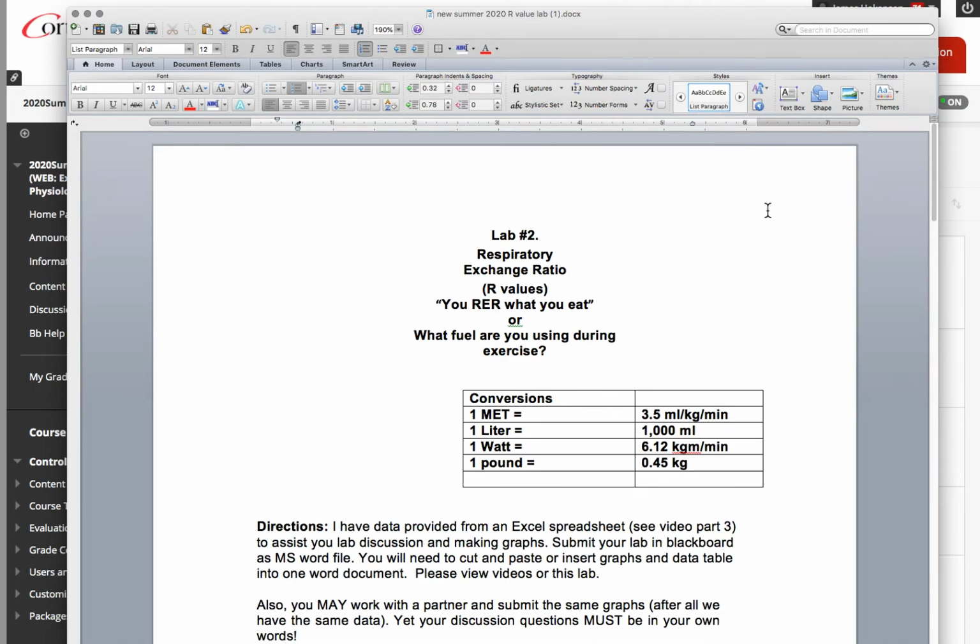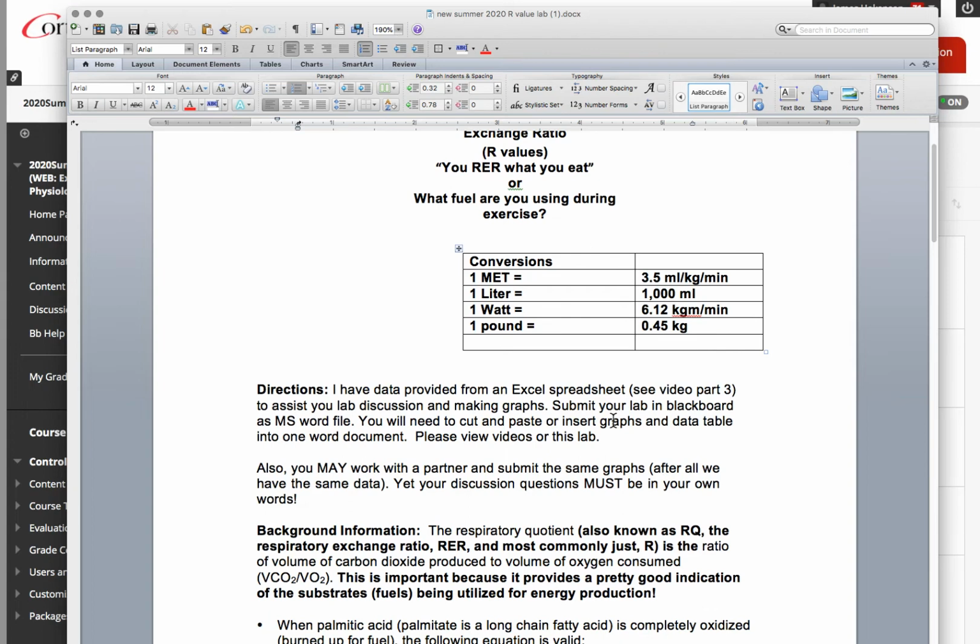So here is the actual lab report. It is our second lab, and it's looking again at the respiratory exchange ratio. Some conversions you already know, but some conversions you'll need to work on some of the data. And I went and looked in our exercise physiology lab and looked at our computer system from that metabolic cart.